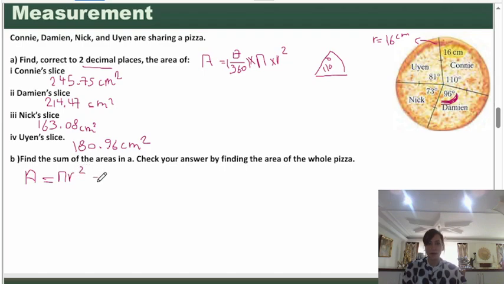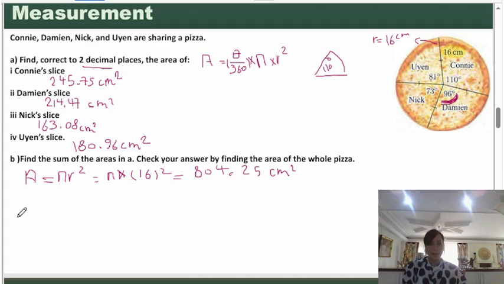Pi times 16 squared, if I calculate it, the answer would be 804.25 centimeters squared.